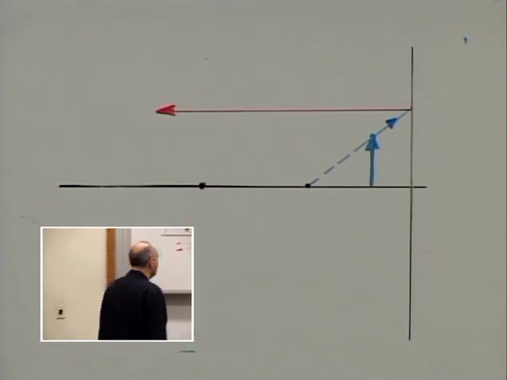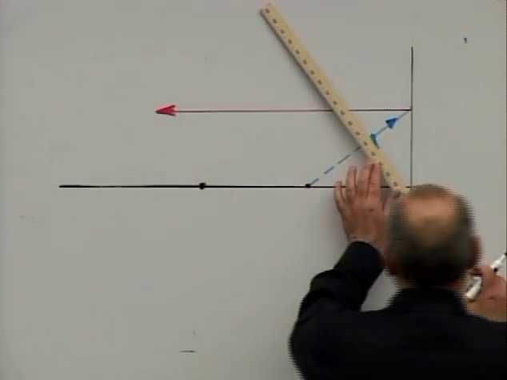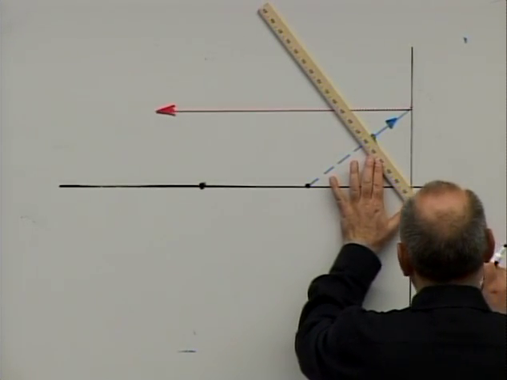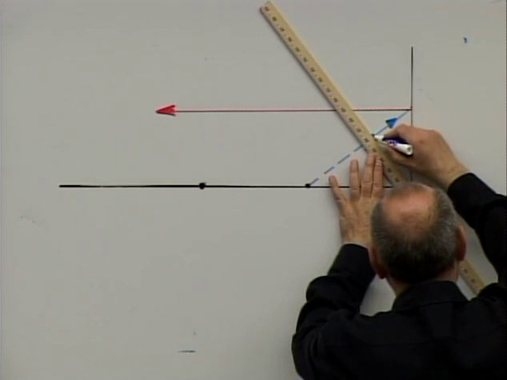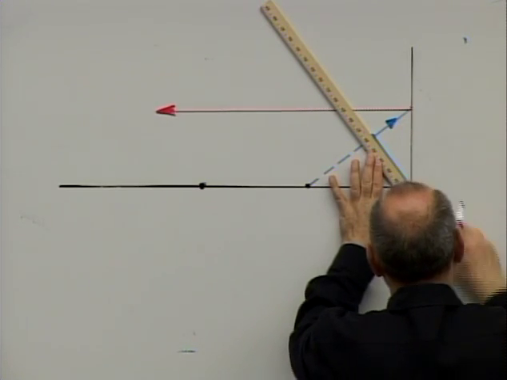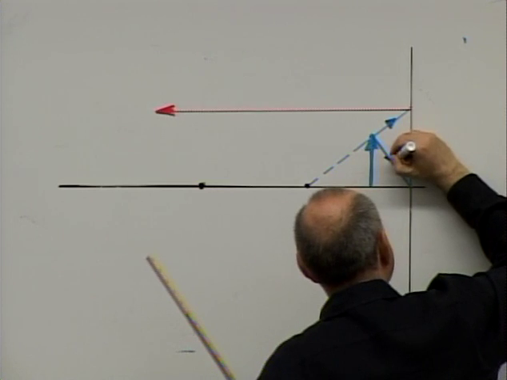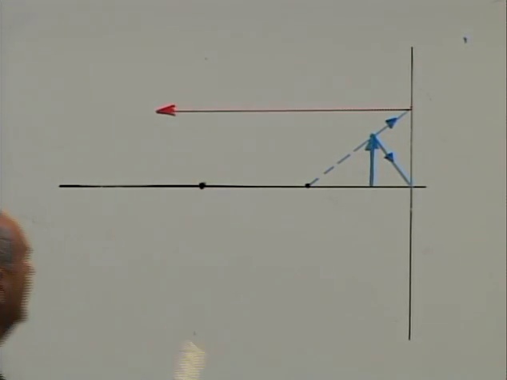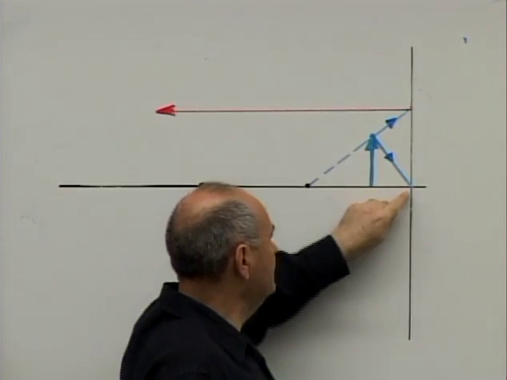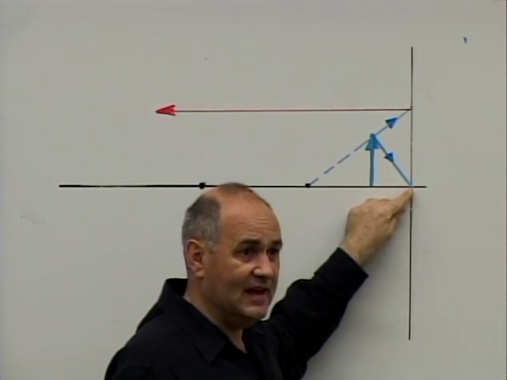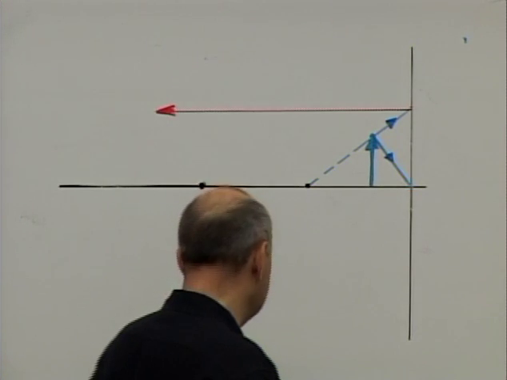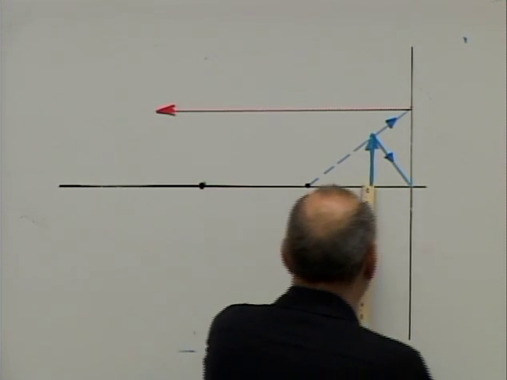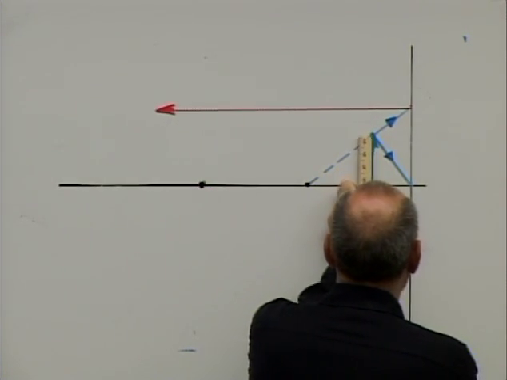Okay, let's use the chief ray. So the chief ray will be a line from the object to the point where the principal axis crosses the surface of the mirror, and it is going to be reflected symmetrically.